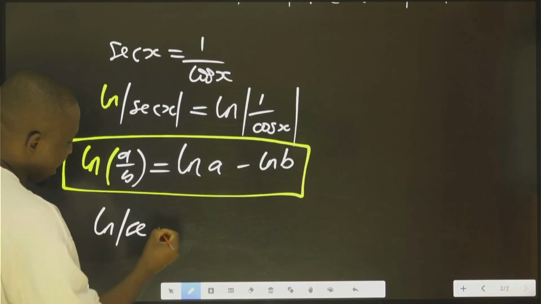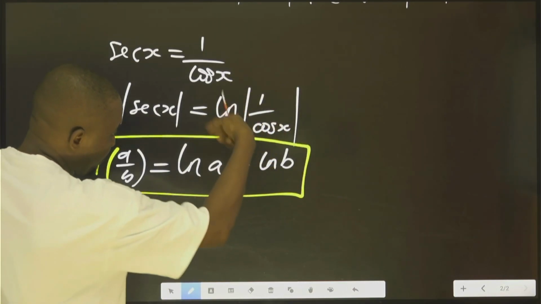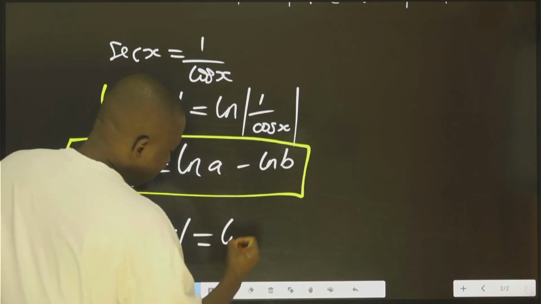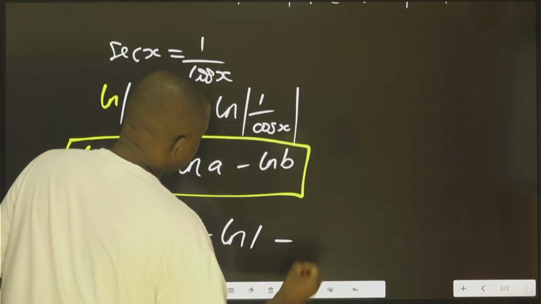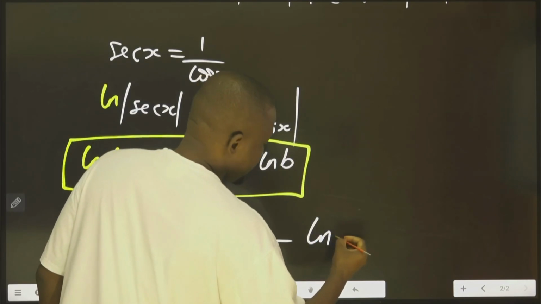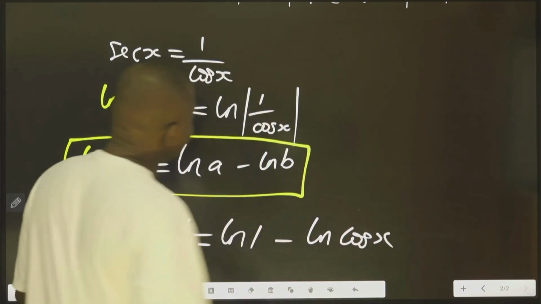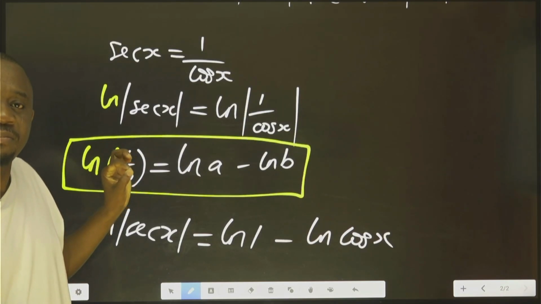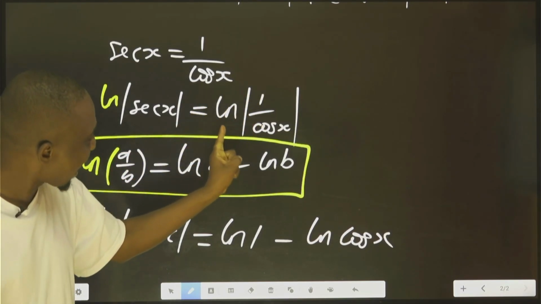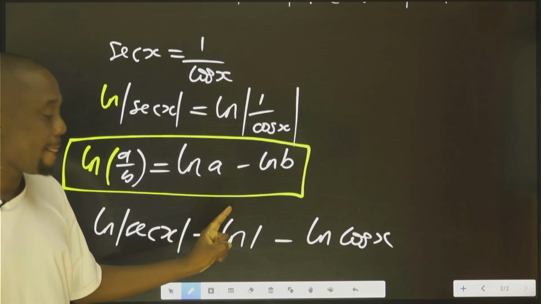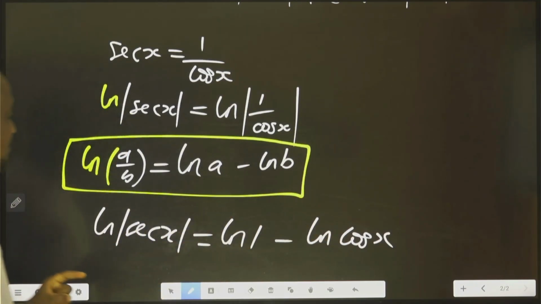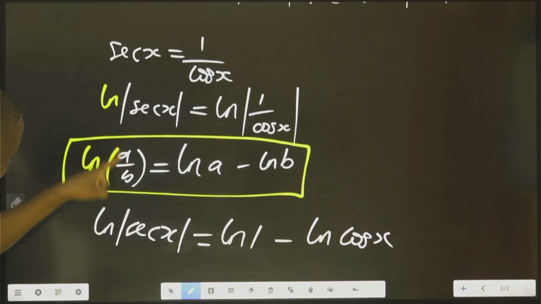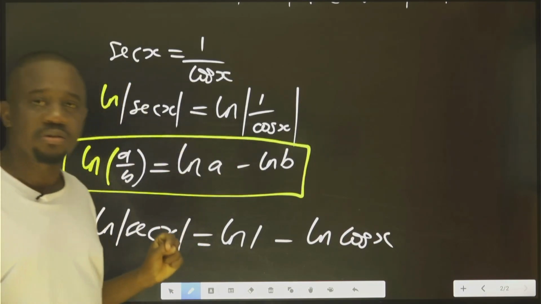Ln sec x can be replaced with ln 1 minus ln cos x, because when we have a division, it's always minus.